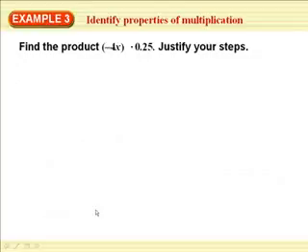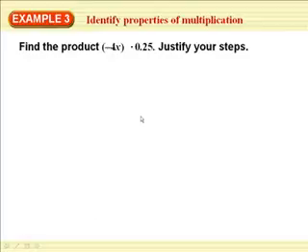Okay, example number 3, it says find the product of -4x times 0.25 and justify your steps. Identify the properties as you use them. Sometimes when we can move things around, there's a reason why we can move things around and multiply things first.